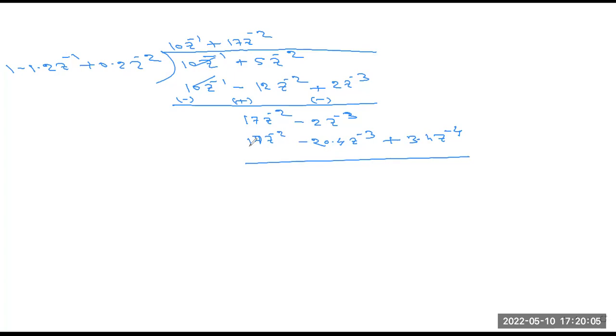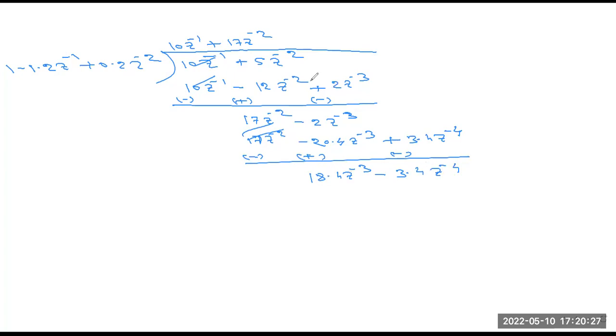Now the same thing, the sign changes, and then this and this also cut down. The same process is continuing, that is also 18.4 Z inverse 3 minus 3.4 Z inverse 4.